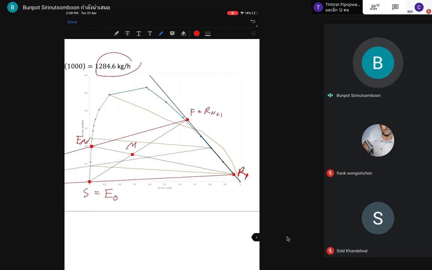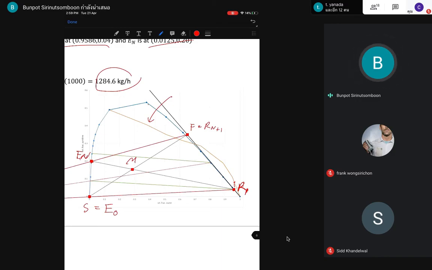I start from R1 here, and then I have to find the tie line, this green line right here. The way I do it is from this point, I go up and hit the conjugate line. Okay, this is the conjugate line.